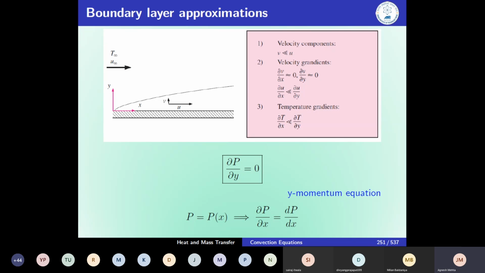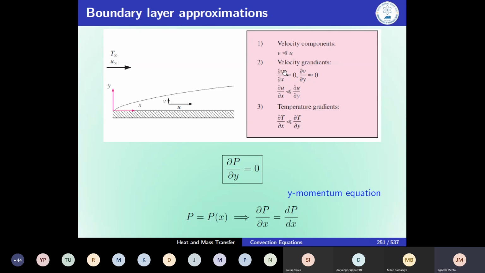So the y momentum equation actually becomes very simple. As you can read here, the velocity component v is much smaller than u. Okay, so the development of the boundary layer is gradual, and as I told, we are talking about only laminar flow.